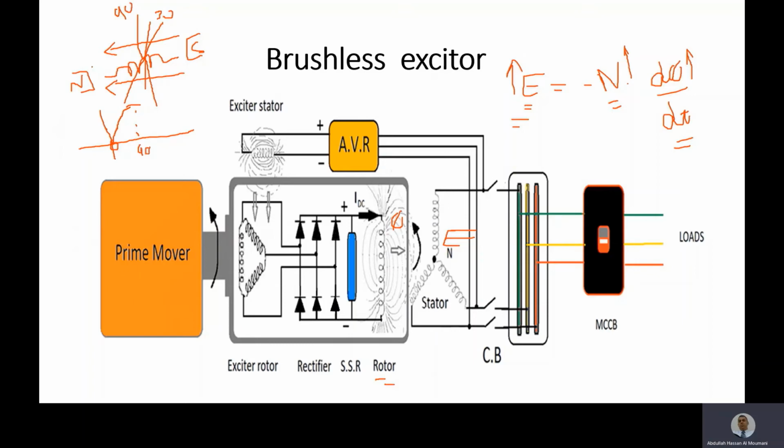After that, between 90 and 180, okay, the number of flux lines intersecting the coil will be reduced, so the voltage will also be reduced until it reaches 180. Okay, the voltage will be again zero. Between 180 and 270, it will start repeating the waveform.